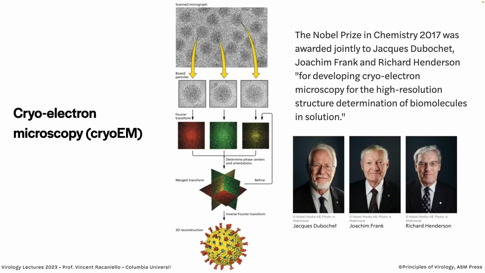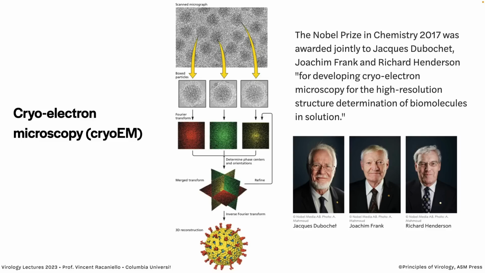The next revolution was cryoelectron microscopy, where you can take virus particles and you simply freeze them in an aqueous solution. And that gives them enough contrast that when you put electrons through them in an electron microscope, you can see the particles. And so what happens is you take your particles, you freeze them very quickly, and then you just put them in the scope and take pictures.